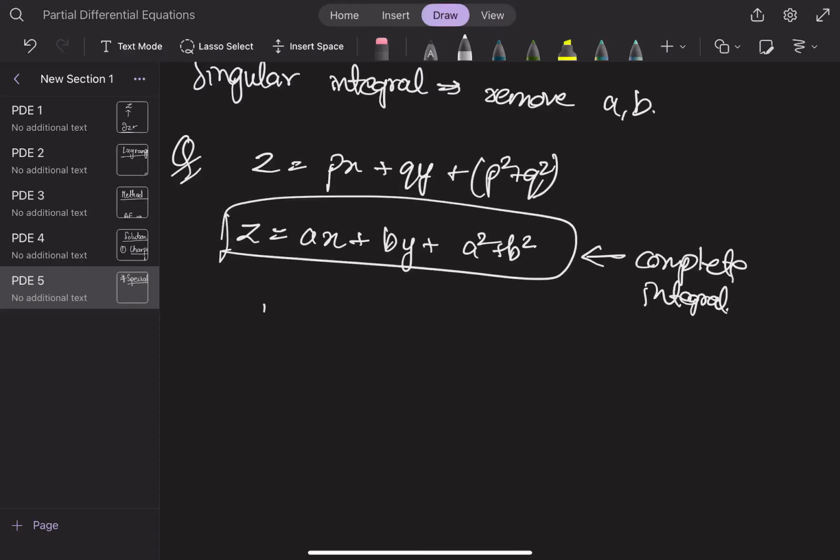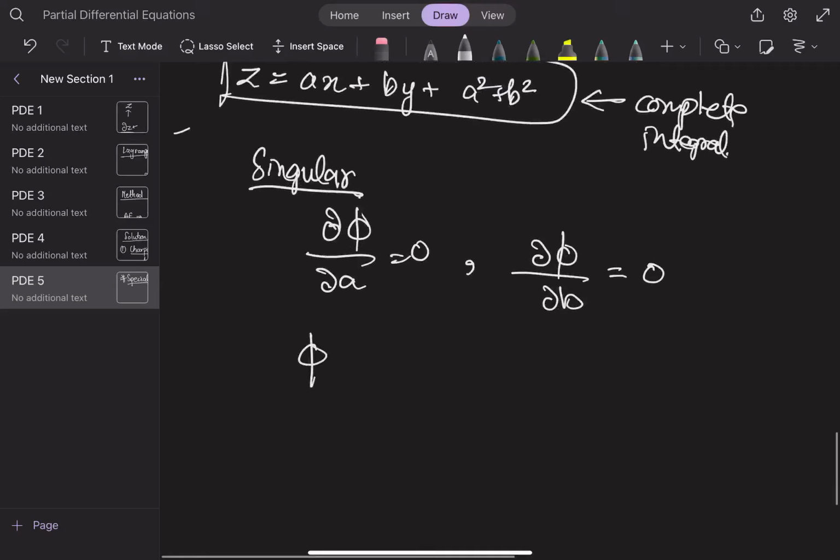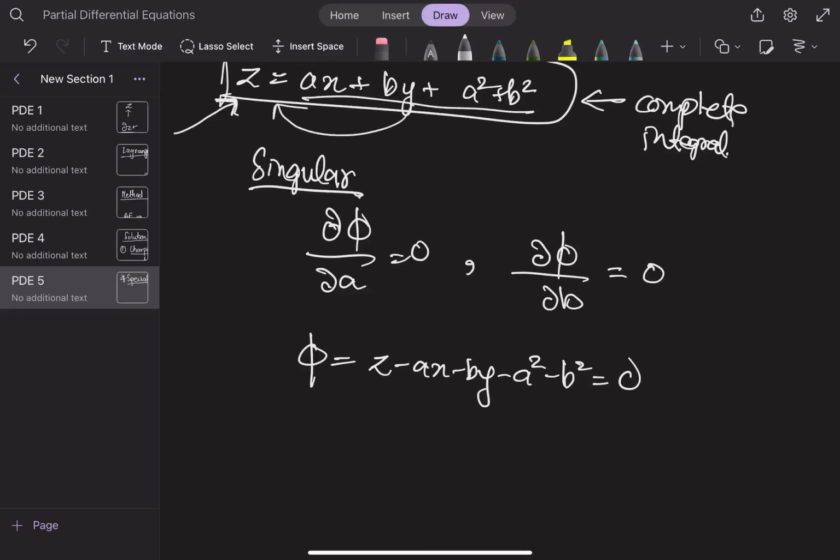For singular integral, what you need to do, del phi by del a is equal to 0 and del phi by del b is equal to 0. Here phi is basically this function written all on the LHS, which means z minus ax minus by minus a square minus b square is equal to 0. You just take all of this to the LHS and write it equal to 0.